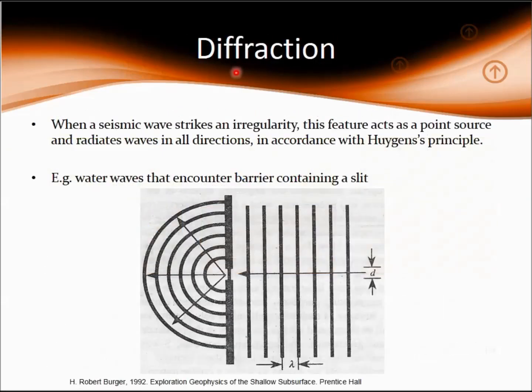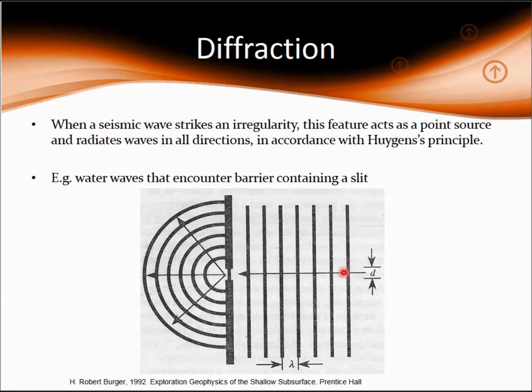Here we are going to talk about diffraction, which is very important in seismic surveys. Diffraction occurs when a seismic wave strikes an irregularity, and the feature acts as a point source and radiates waves in all directions in accordance with Huygens' principle. For example, in this figure, a water wave encounters a barrier containing a slit.